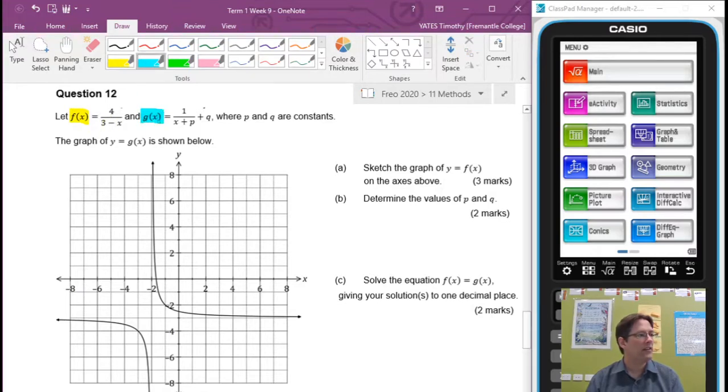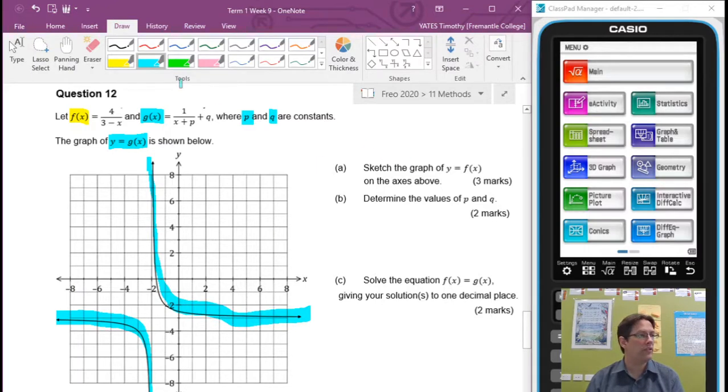And we've got g of x is 1 over x plus p plus q, where p and q are constants. Now, it's telling us that y equals g of x is shown below. So this is our y equals g of x there.